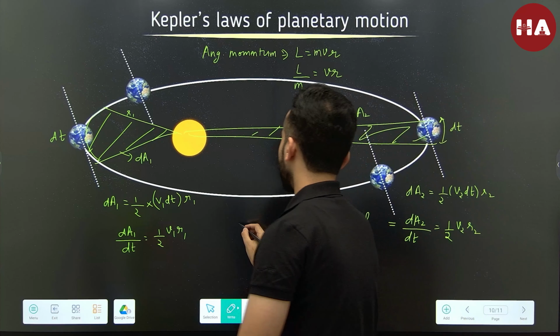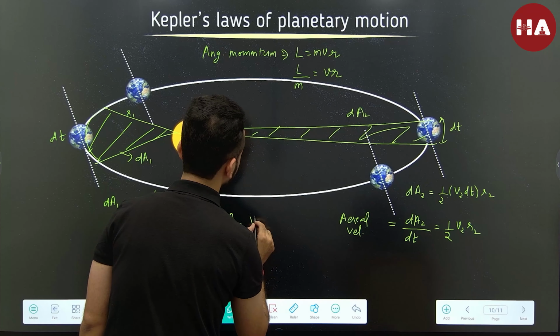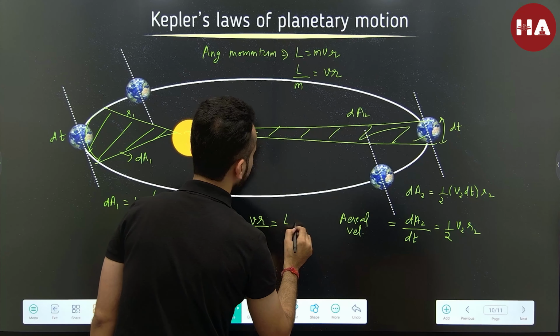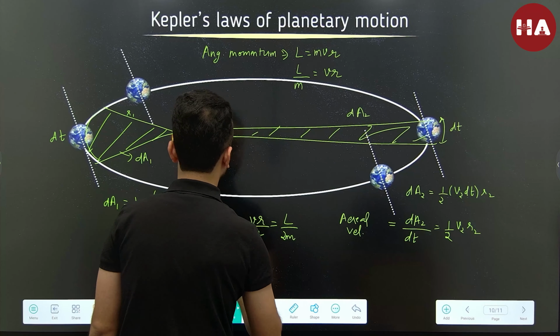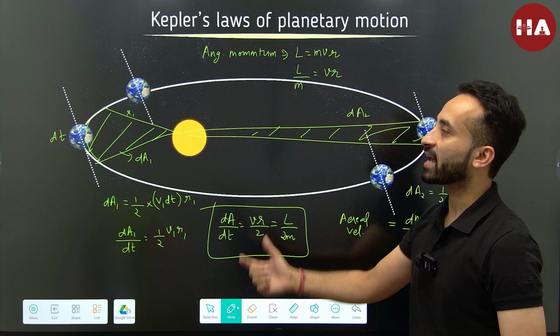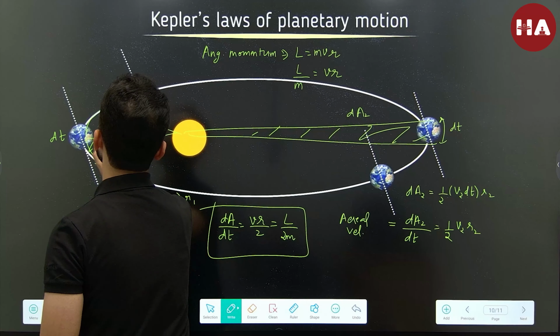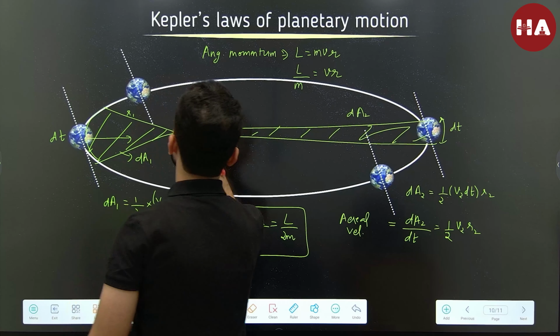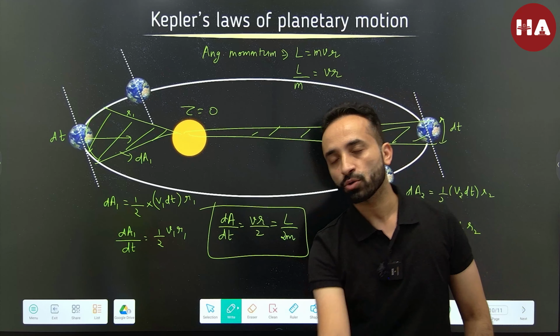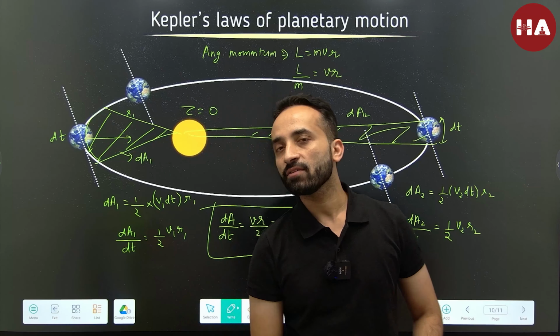Hence the aerial velocity, which is vr over 2, becomes L by 2m. So the aerial velocity remains constant. Why? Because the angular momentum remains constant. Why? Because the force is always passing through the sun. So the torque about the sun is 0, and therefore the angular momentum remains conserved and the aerial velocity remains conserved.